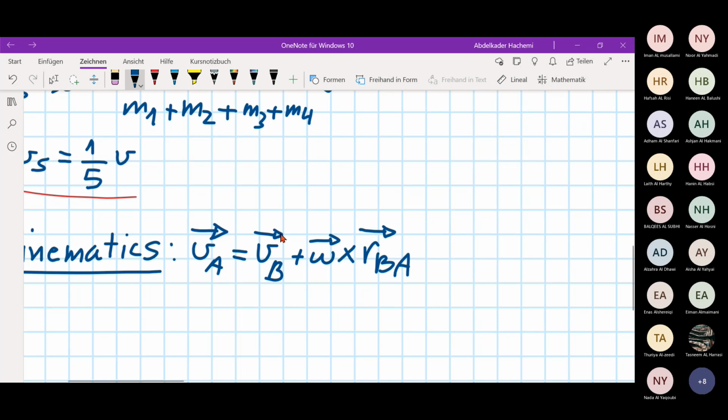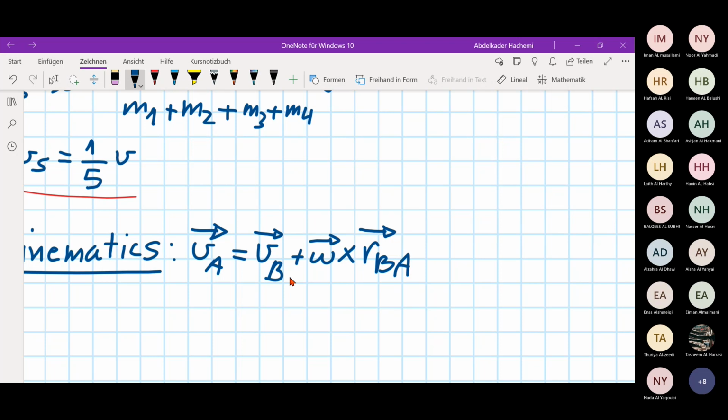This is the general formulation we have seen: the velocity of any point can be determined by considering the velocity of a point, and to shift this velocity, there is the relative velocity, omega cross R BA.